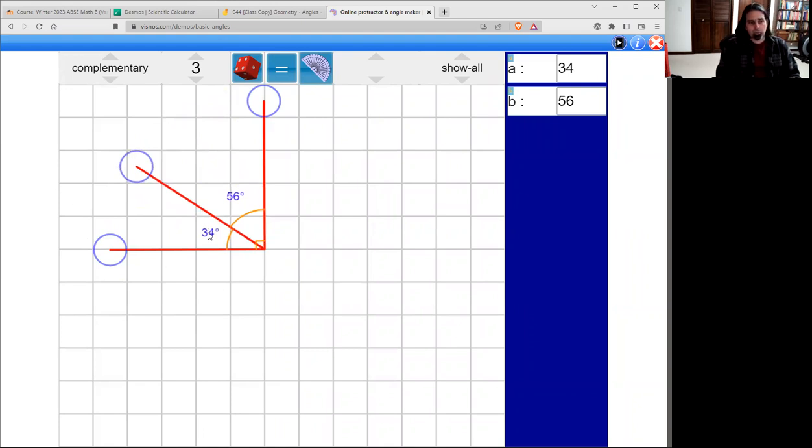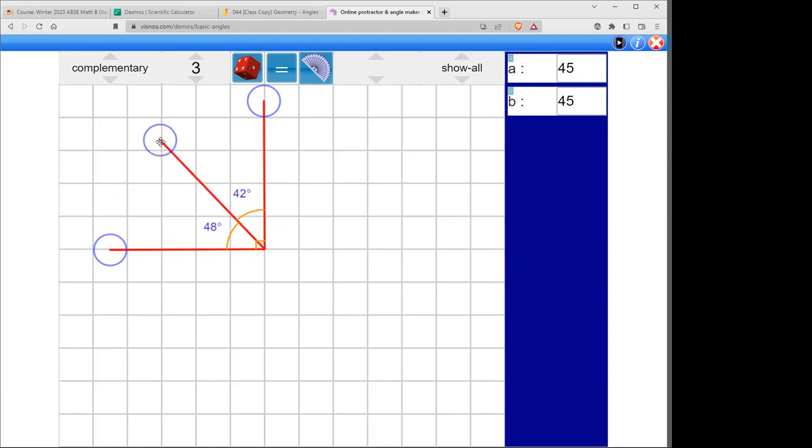What's going to be true about the two numbers that I see? Does it always kind of add up to like 90?